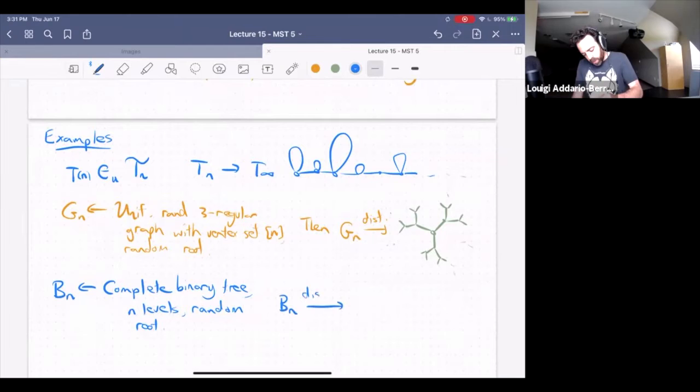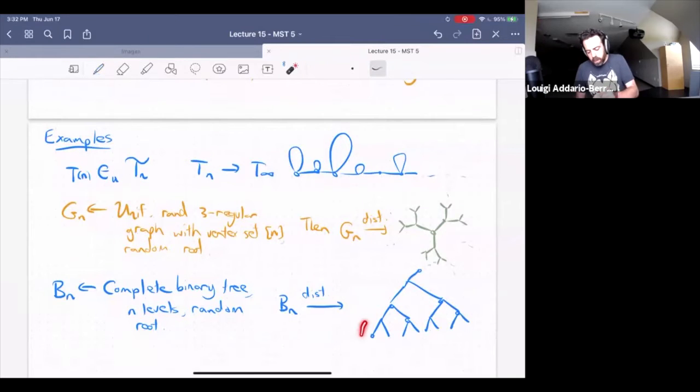So if you think about what the convergence in distribution will be to, the root that you see will be close to the leaves. What you end up seeing is a structure called the Canopy Tree. You start from the leaves, and going up from the leaves you see a complete binary tree. It's a complete binary tree viewed from a leaf, except that the random root won't exactly be a leaf. Asymptotically, half of the vertices are leaves, a quarter are at distance 1 from a leaf, an eighth are at distance 2, and so on.